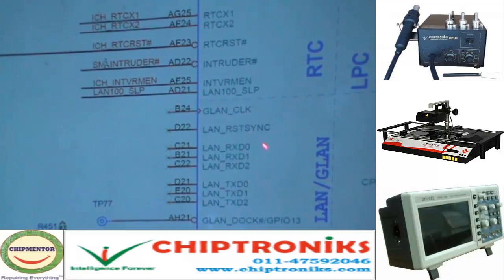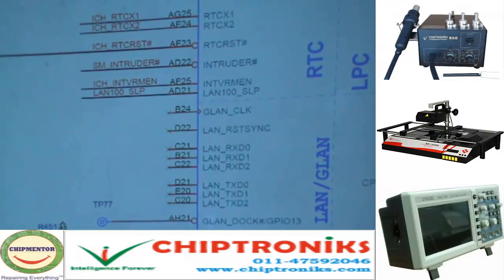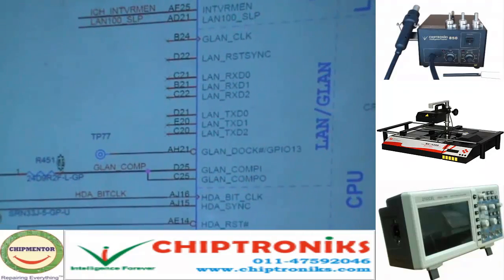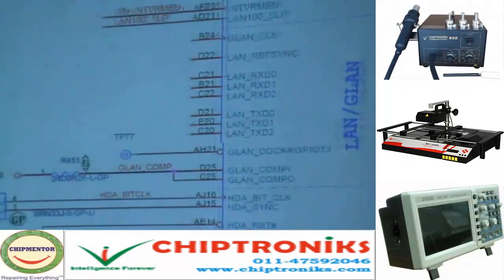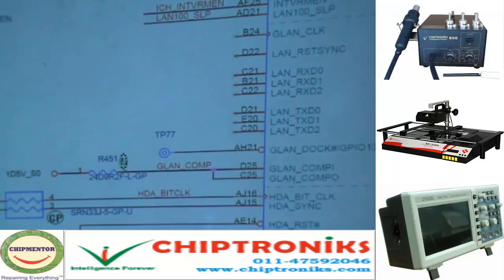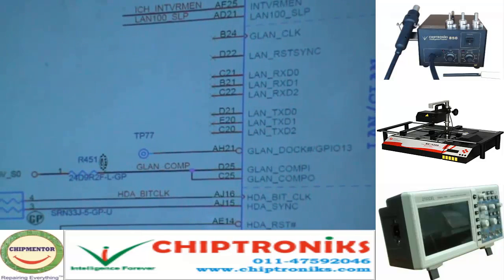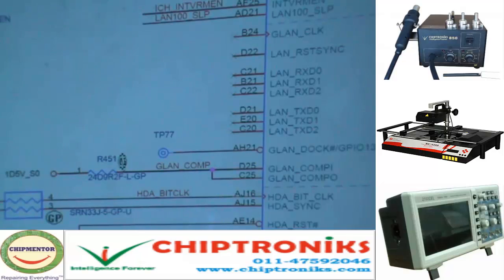Now the second part is LAN. I told you that ICH8 has LAN functionality also, but in the DV231 board there is a separate LAN IC. So all these connections are dummy.